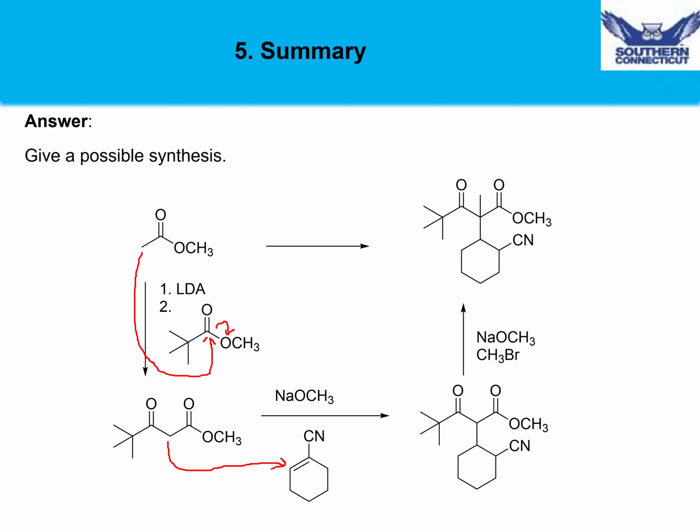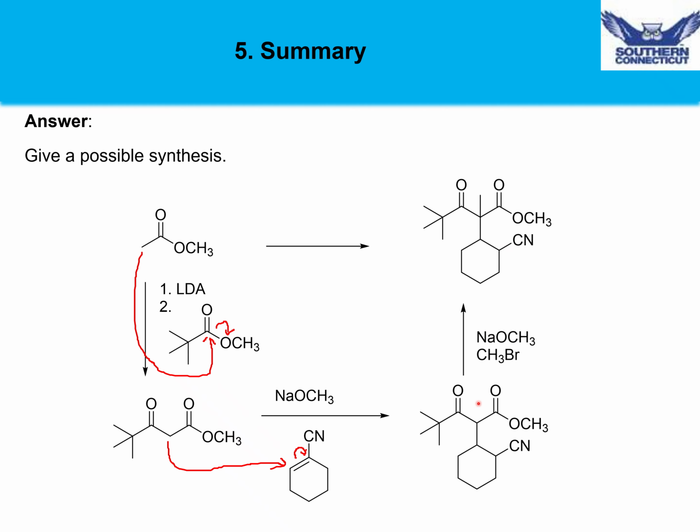So the enolate will attack this carbon, get rid of the double bond, turn it into an enolate, or enolate-like structure here, which then gets protonated by water or some acid at the end of the reaction. That gives us access to this intermediate, which then we can turn into the final product by doing a methylation.